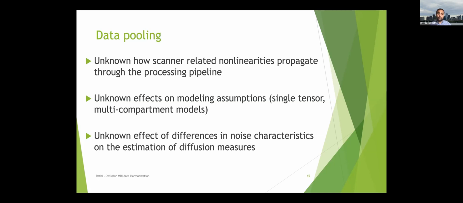Modeling assumptions: how do you know that if you use a single tensor versus a multi-compartment model versus any other model, the scanner-related noise is not affecting your fitting, and as a result, affecting the ability of ComBat or any other method to harmonize? And so, as I said, noise characteristics also play a role in these types of things.